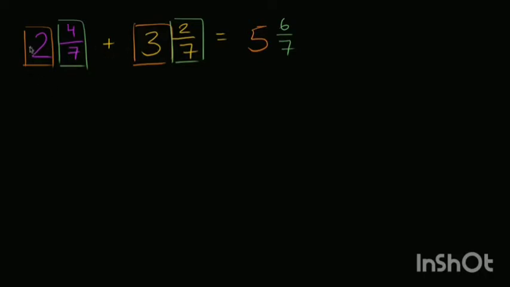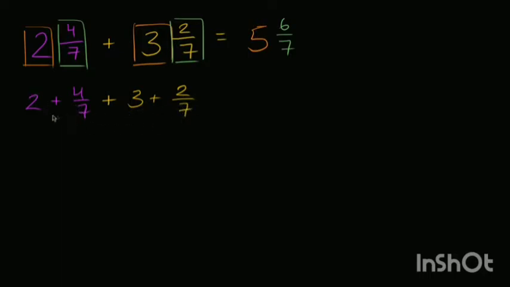But the way I did that is because 2 and 4/7 is the same thing as 2 plus 4/7. And then plus 3 and 2/7 is the same thing as 3 plus 2/7. So all I did over here, 2 and 4/7 plus 3 and 2/7 is 2 plus 4/7 plus 3 plus 2/7.